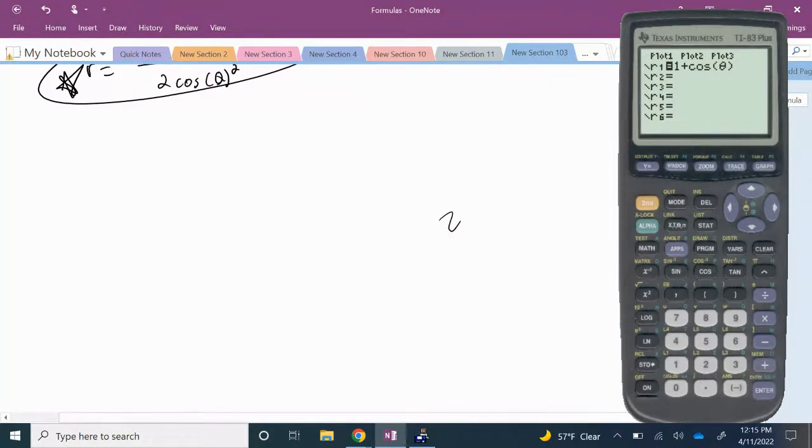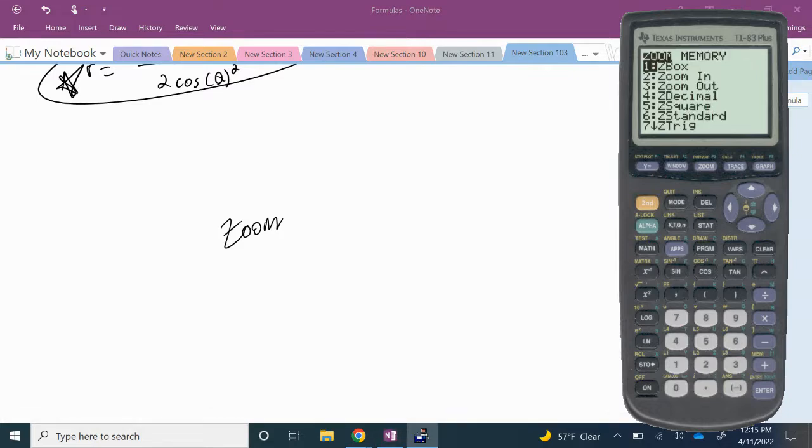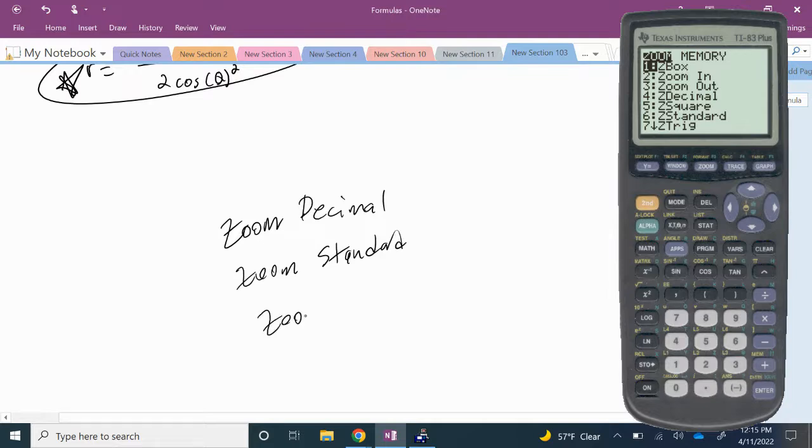We're going to toggle between zoom decimal, zoom standard, and zoom fit, because we have to play around with these graphs a little bit to get the full shape sometimes.